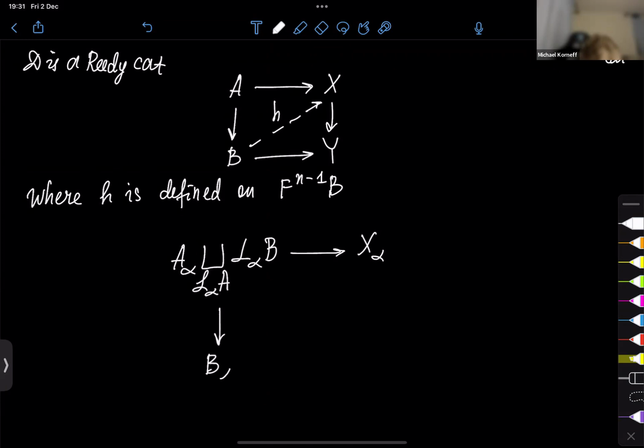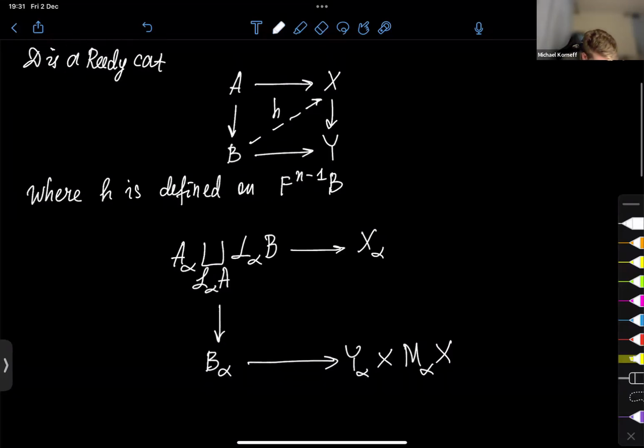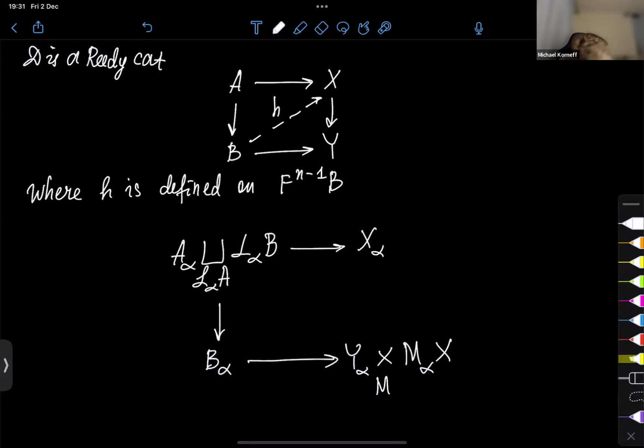And the solution of the lifting problem in this diagram is closely related with the one for this diagram. And we will use this fact to prove Kan's theorem, which I will formulate soon.